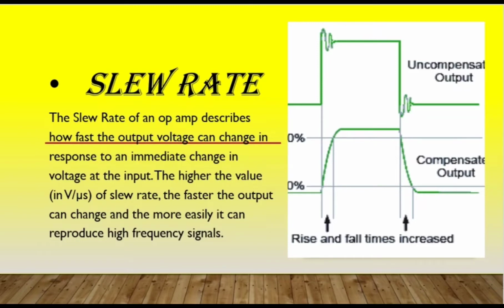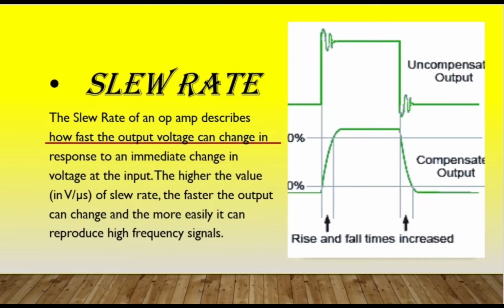The higher the value in volts per microsecond of slew rate, the faster the output can change and the more easily it can reproduce high frequency signals. So slew rate is defined as the maximum rate of change of an operational amplifier's output voltage and is given in units of volts per microsecond.